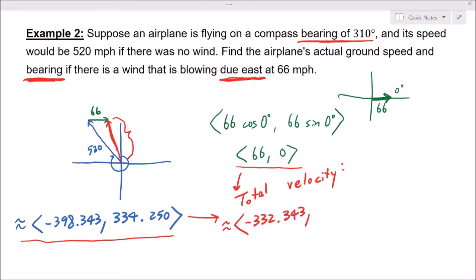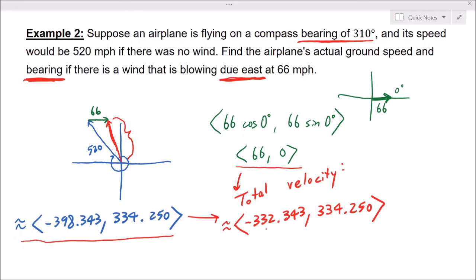And then for the vertical component, 334.250 plus 0. So we just keep the vertical component from the airplane velocity. And so this right here should be the total result, right? The component form of the total velocity vector.